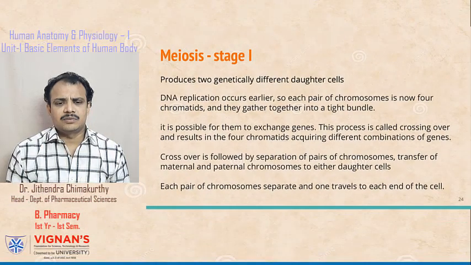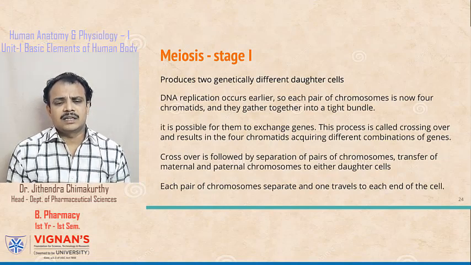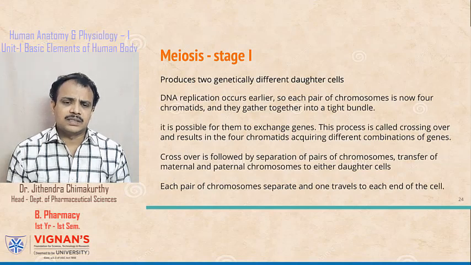Now let's see what happens in the first meiotic division and the second meiotic division. In the first meiotic division, before this occurs, there occurs a replication of the DNA. It means the number of chromosomes will be doubled, and this leads to formation of four genetically different chromatids.